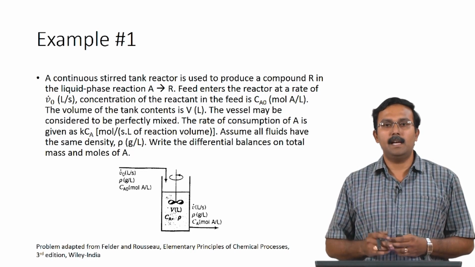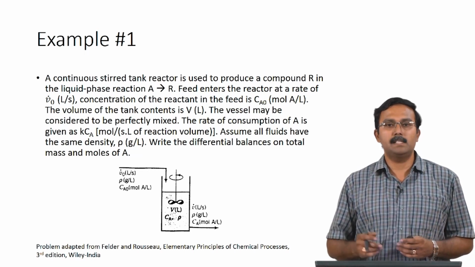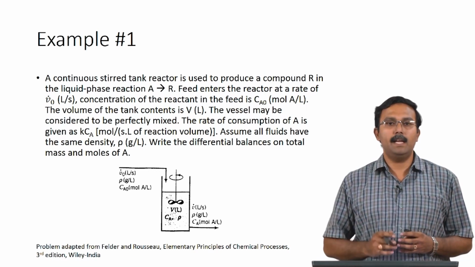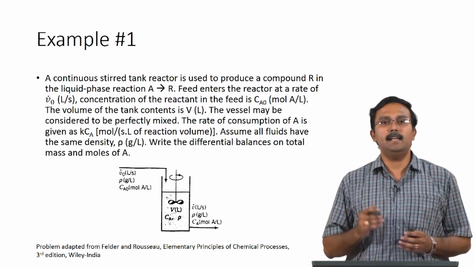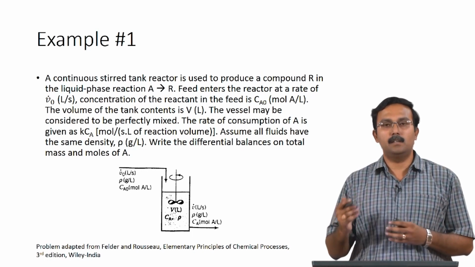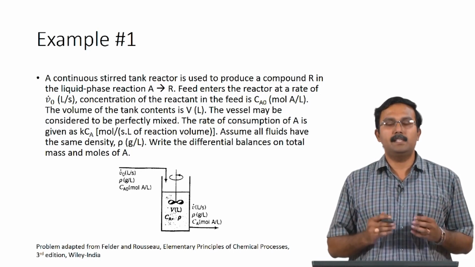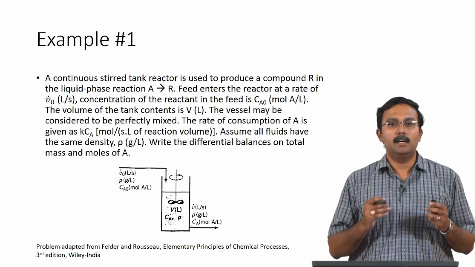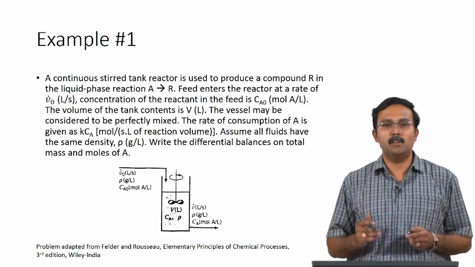The volume of the tank contents is V in liters. The vessel may be considered to be perfectly mixed. The rate of consumption of A is given as k Ca moles per second per liter, where liter is the reaction volume. Assume all fluids have the same density rho. So, basically density is not changing. You are asked to write the differential balances on the total mass and moles of A.